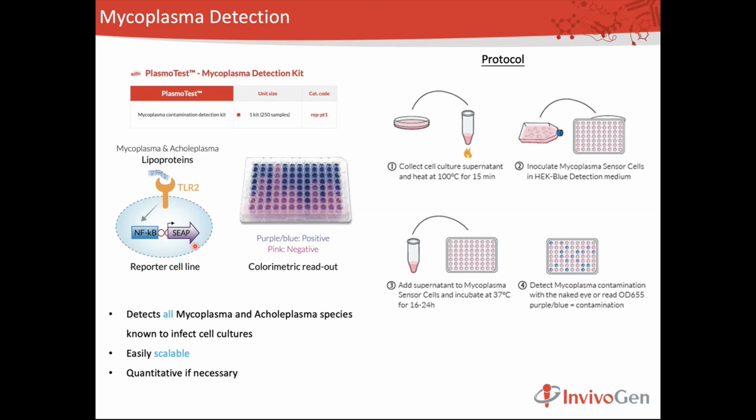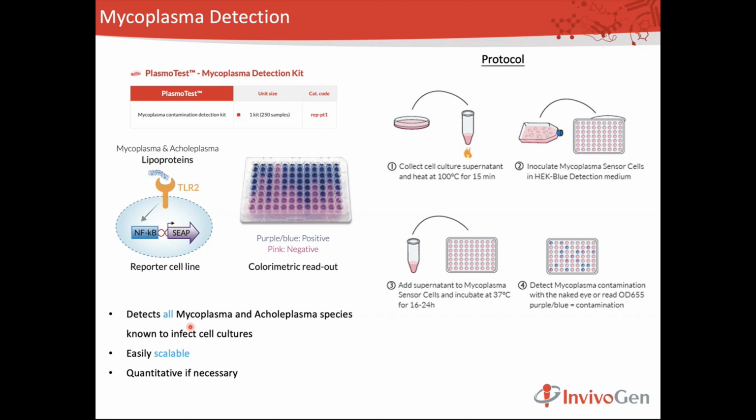When the alkaline phosphatase is produced, we can add the substrate, and then it will give us blue color. So blue color means Mycoplasma positive. Pink means negative. And because it's a colorimetric readout, it can also be made quantitative if necessary.